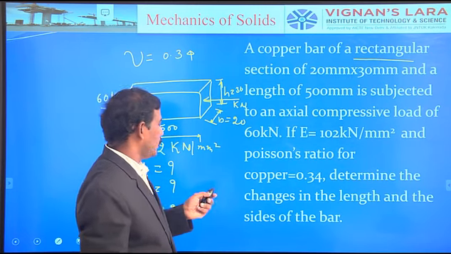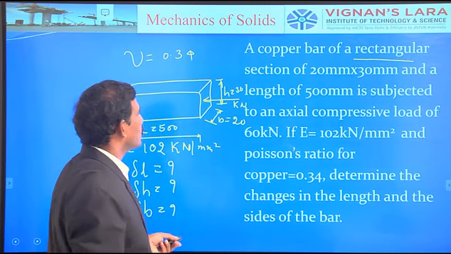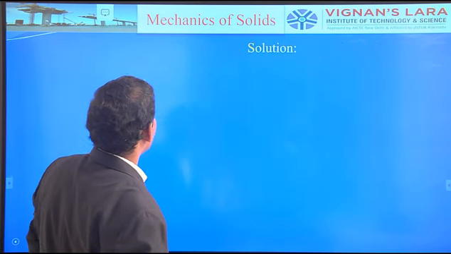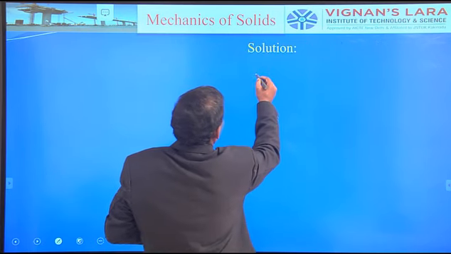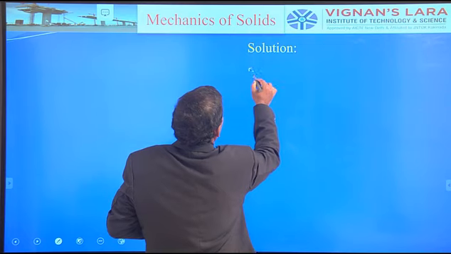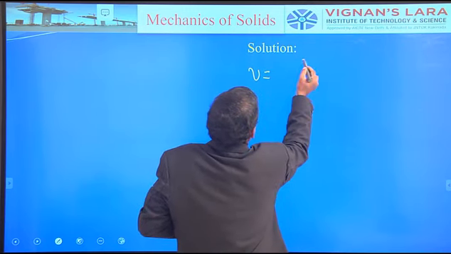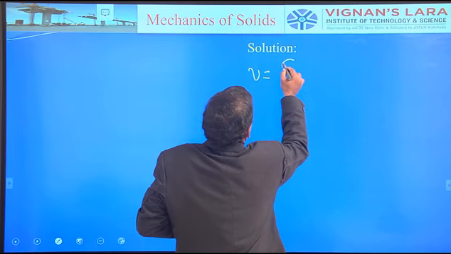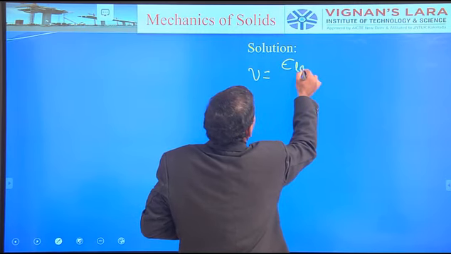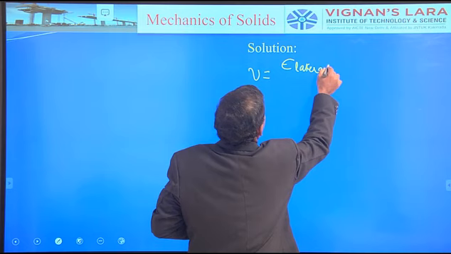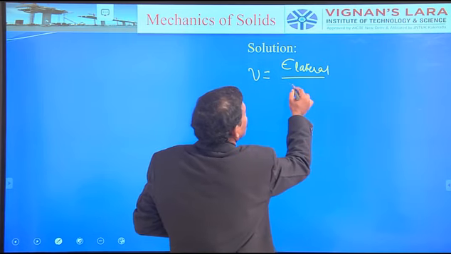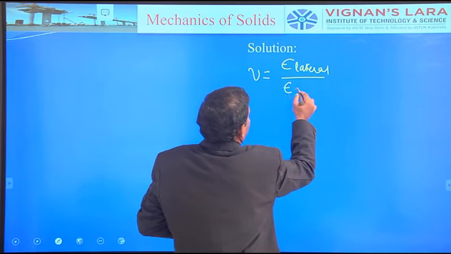We know the relation: nu is equal to the ratio of lateral strain to longitudinal strain.